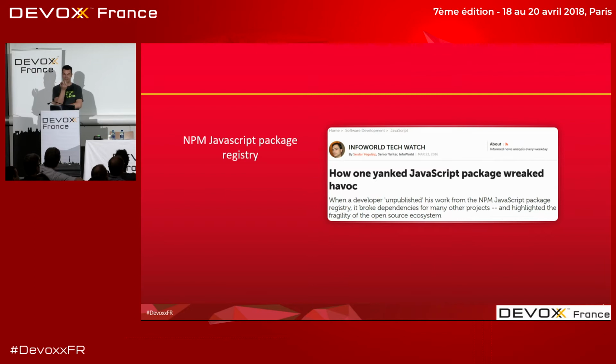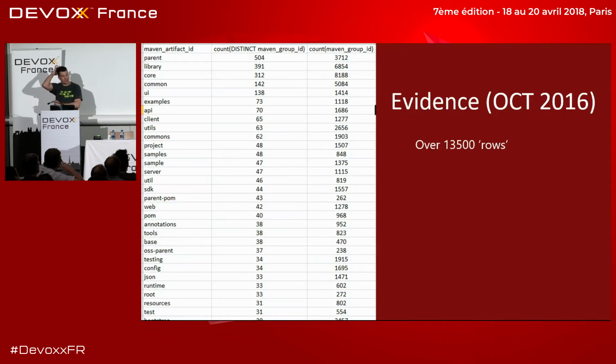And the whole issue is that Kick of NPM didn't have namespaces like we have group IDs. So we warned Oracle as well that something like this would probably happen. So again, we went to Central and asked for the statistics about how often artifact IDs are used.